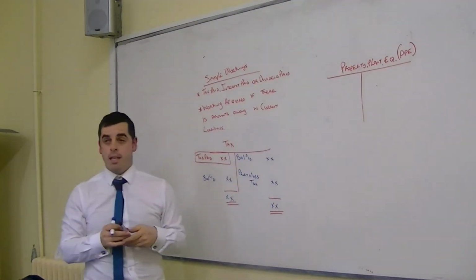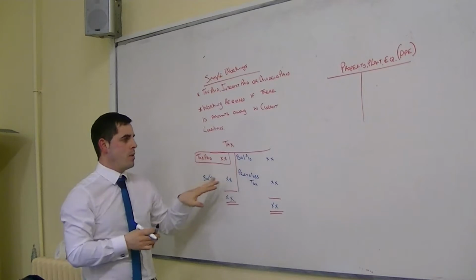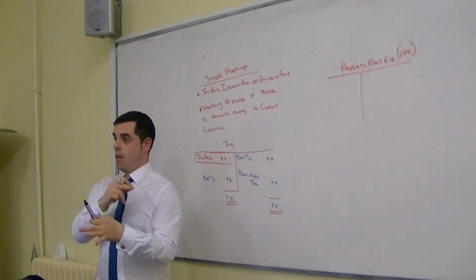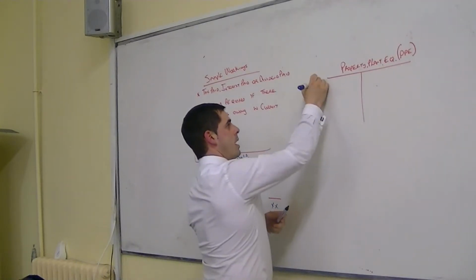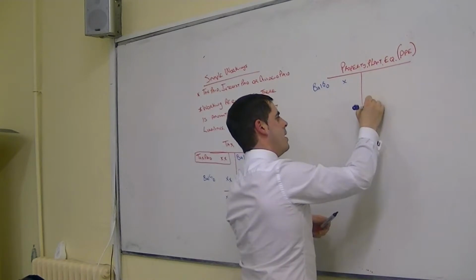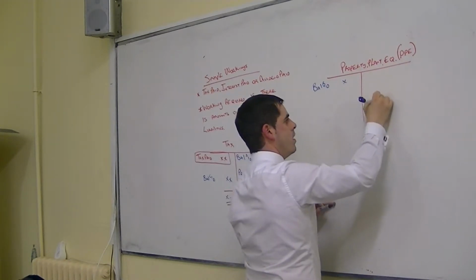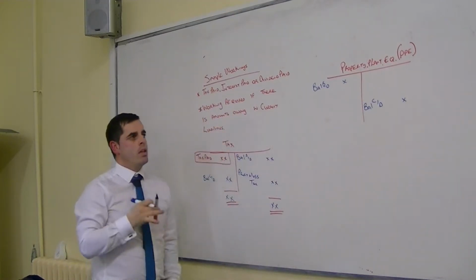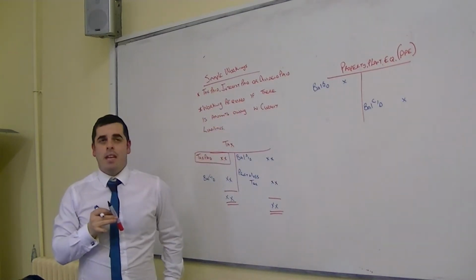You put in your opening balances first. Now just remember, the tax here is a liability, so over here it's an asset, so the opening and closing are the opposite way around. Yeah. So we'll have our opening here, and we'll have our closing balance down here in the credit. And what we're going to have then as well is anything that takes place during the year.